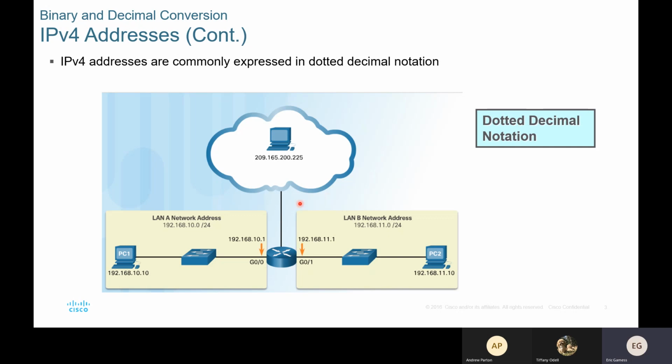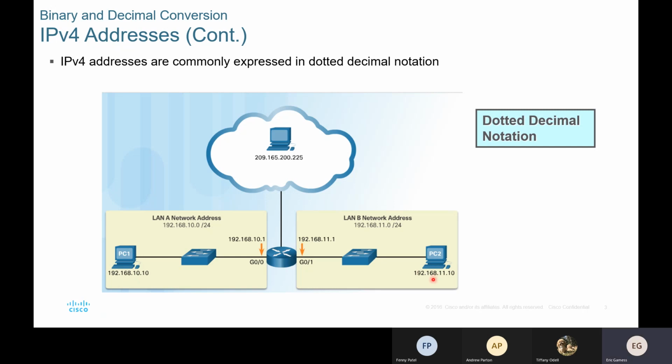So this is exactly the same network that we saw in the previous slide, but this time, as you can see, PC1 have an IP address, and this IP address is not in the dotted binary notation, but is in the dotted decimal notation. So as you know, a byte will have a value between 0 and 255. So the first byte here, for example, is 192.168.10.10.